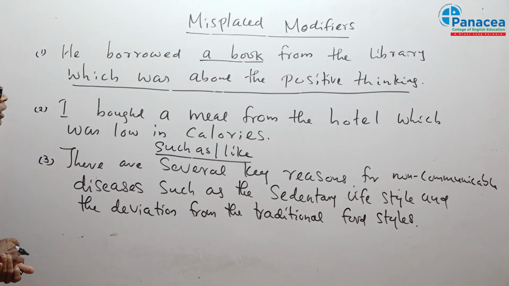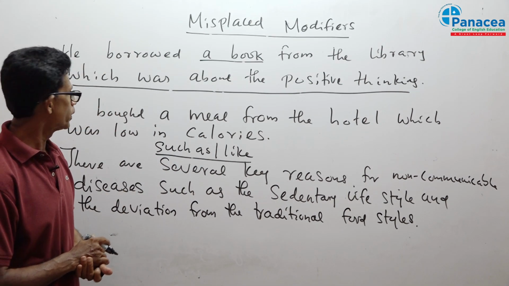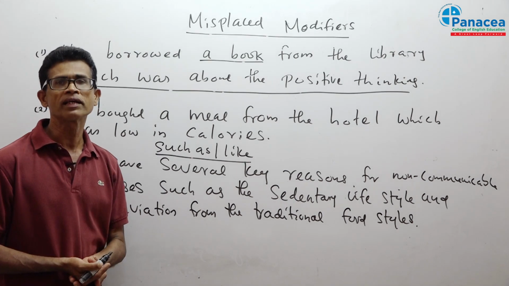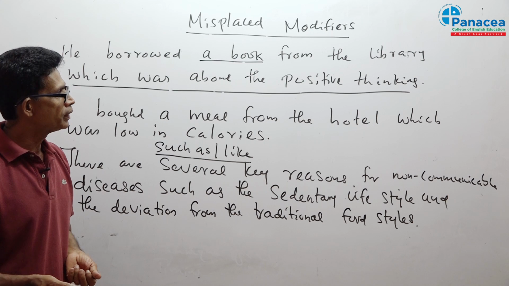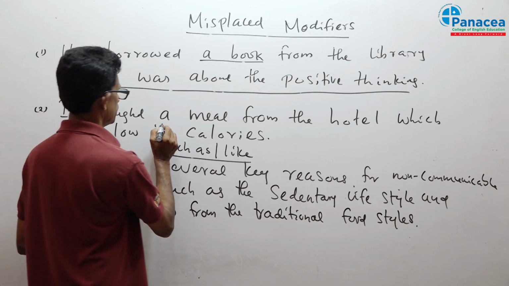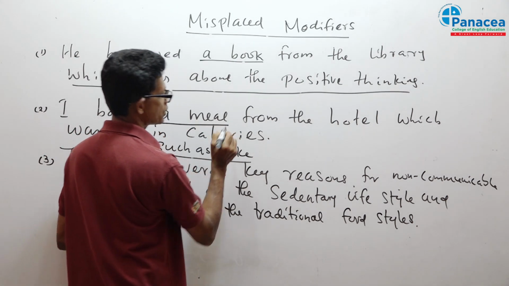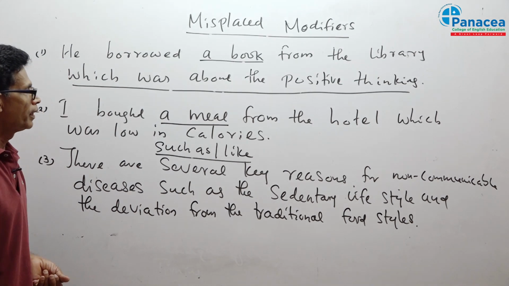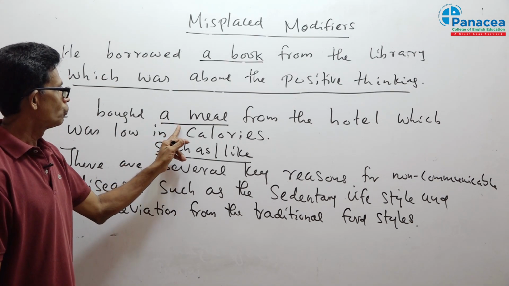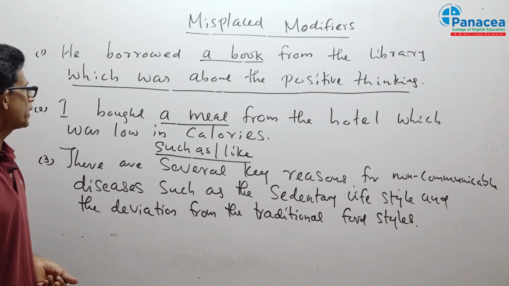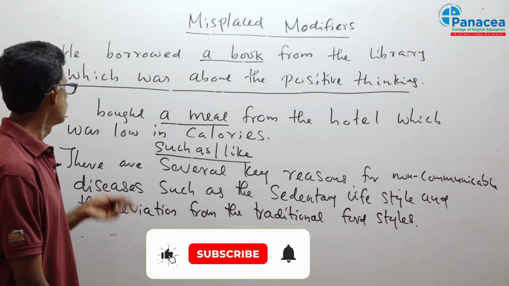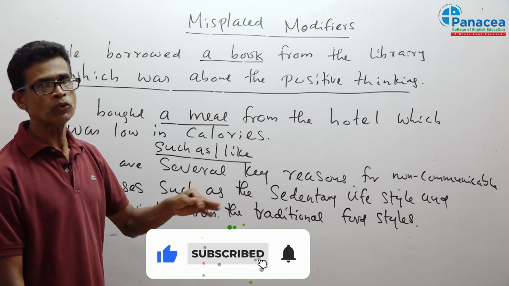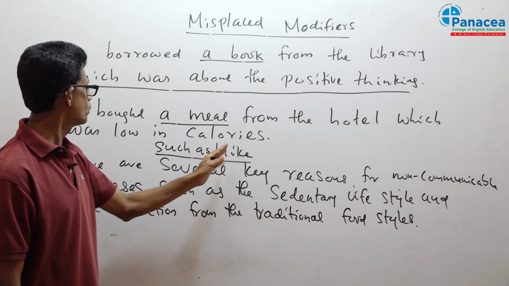Second one, I bought a meal from the hotel which was low in calories. A meal is the object, and we try to expand the object by telling something about the object. So you have to apply the same principle for this.